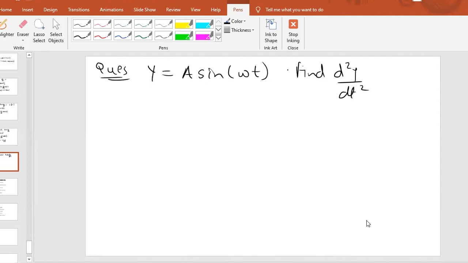y is equal to a sine omega t. Inside the bracket is omega t. Omega is some constant. Omega is a constant into t.